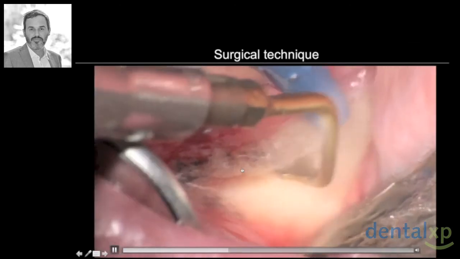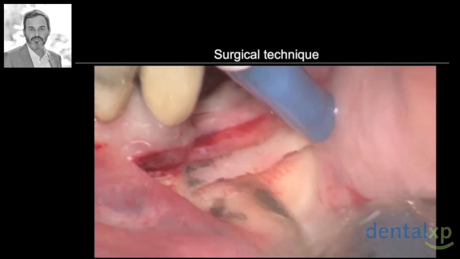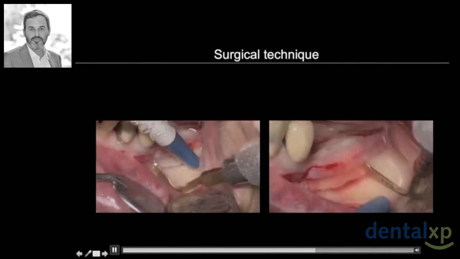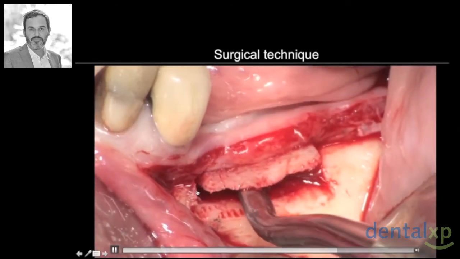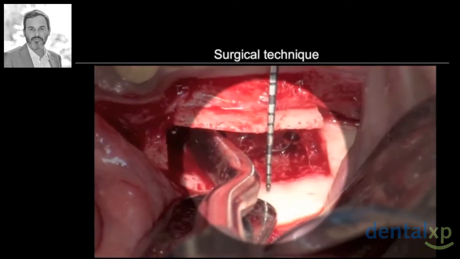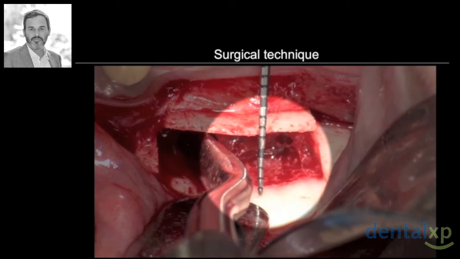Now, with the piezo, we draw the osteotomy lines. 2 vertical, this is the mesial osteotomy and the distal, and then to mobilize the segment, I use an ordinary curved dental extraction lever.